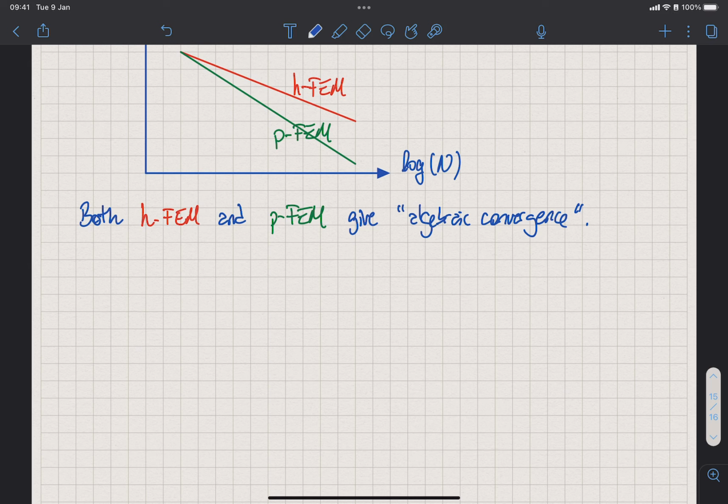Okay, think about it. Remember that polynomials are highly oscillatory interpolants. So where the solution is not really very well behaved, you don't want that to happen. And therefore, away from the singularity, where the solution is actually smooth, you want to use the main capability of p-FEM, which is, okay, I increase the polynomial order and I get a better solution.